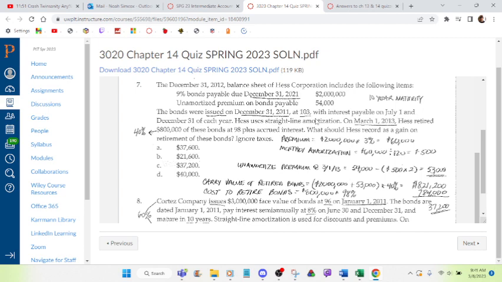Oh my gosh, why is this so confusing? Oh my god. The interest was not even a part of the equation. They say plus accrued interest, so why don't you use the accrued interest as part of the equation?